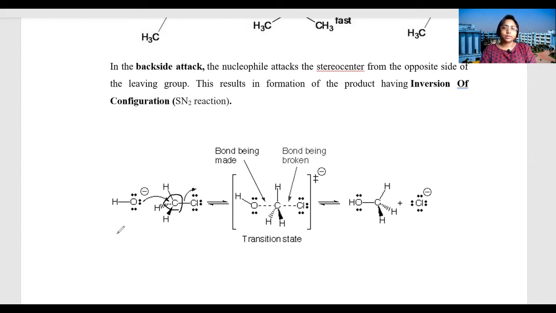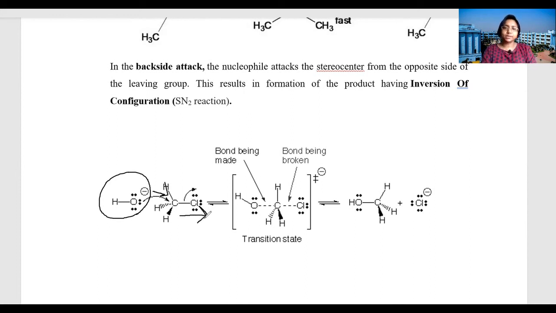Now the OH attacks from the back side. You can see the OH here, but chlorine is leaving from the other side, the front side.